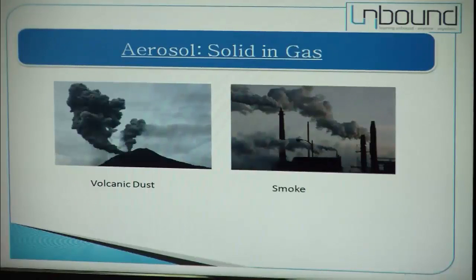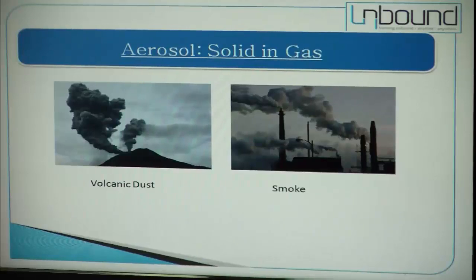Here solid particles are suspended in gas. For example, volcanic dust. From volcanoes, very fine solid dust comes out and gets mixed with the gas in the air around. Similarly, smoke. In smoke, it appears gaseous to us, but there are small solid particles suspended in the gas.